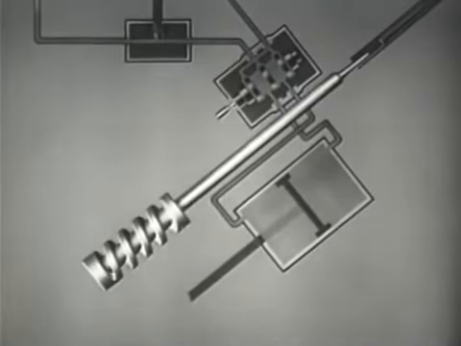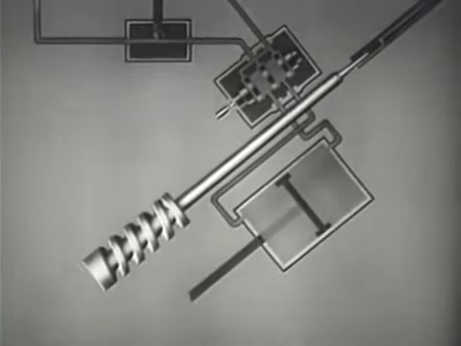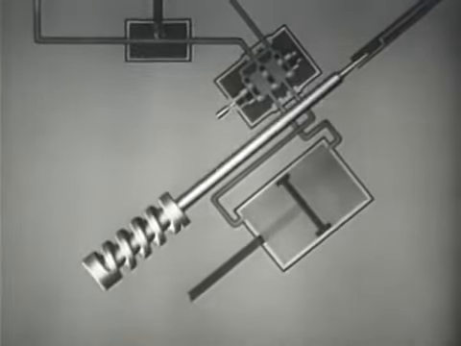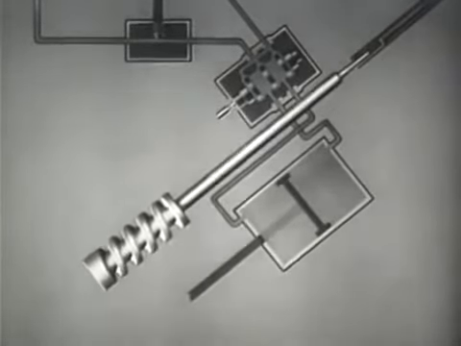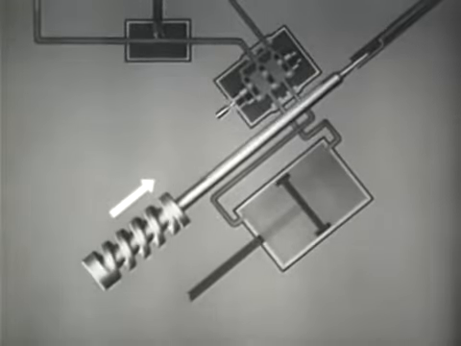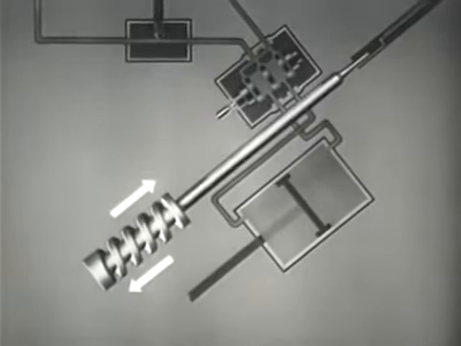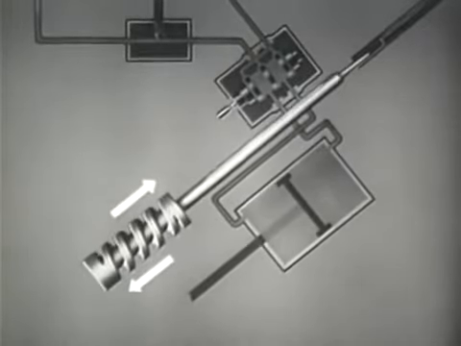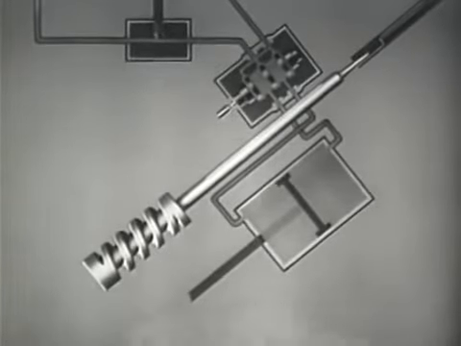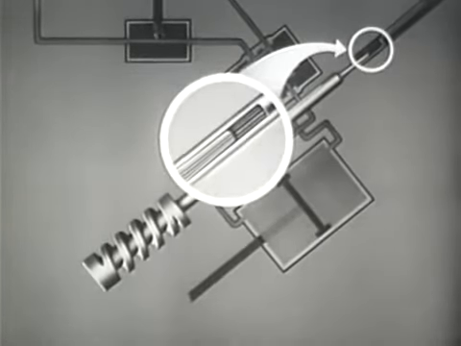In order for the hydraulic steering assist to operate, it is not only necessary for the cam to rotate, but it also must be able to move up and down. A spline connection makes this possible.